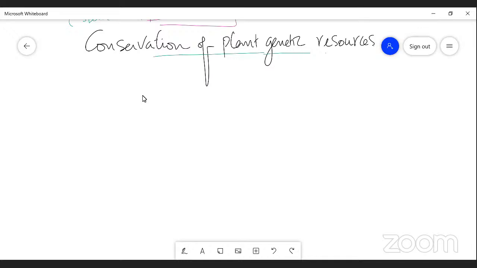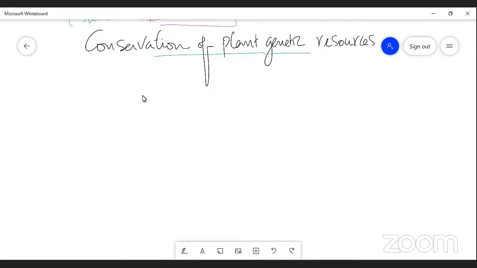So plant materials that are conserved for future purposes is called the conservation of plant genetic resource.